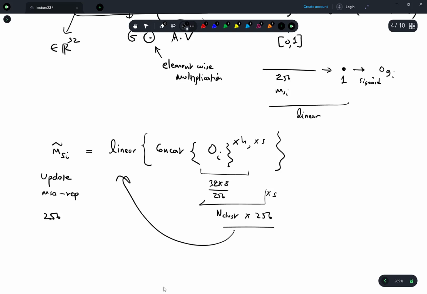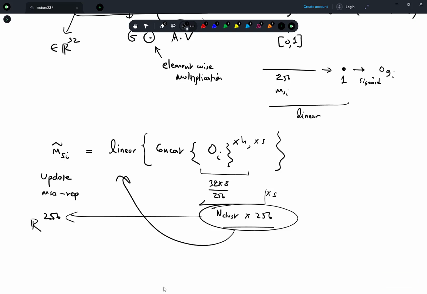You're going from N_seq by 256 to 256. That's what the linear layer will accomplish. So concatenate all the heads over all the sequences, and then do a linear projection on that. Does that make sense?